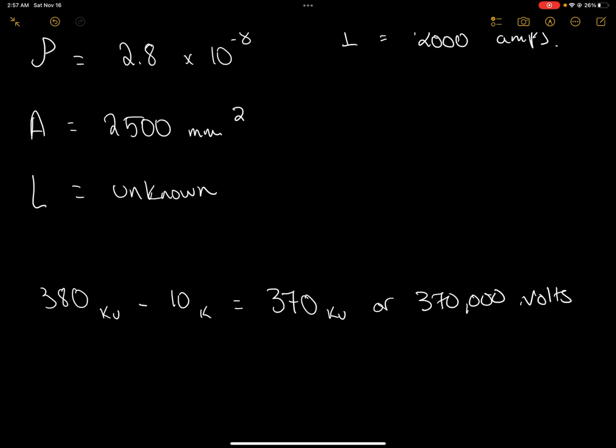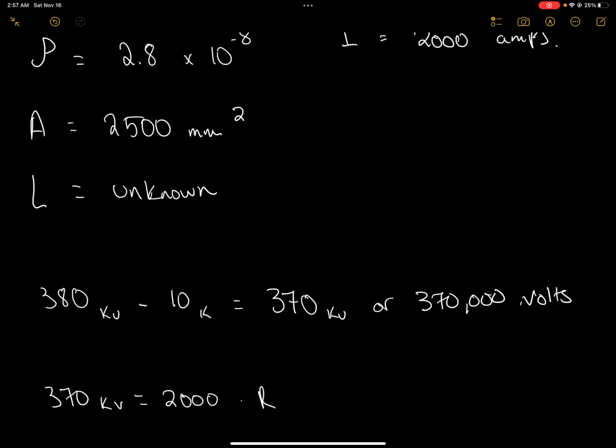So 370 kilovolts is equal to that current of 2,000 amps multiplied by the resistance. And now we have to calculate the resistance of the wire because it is technically unknown, not knowing how far away this small town is, which is what we are trying to find out.